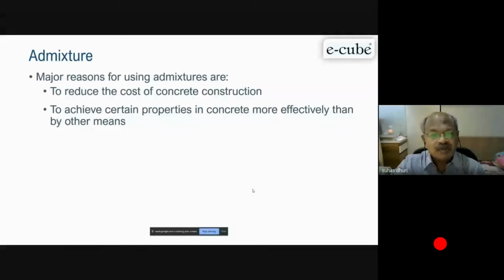Now how do we come out of that? I can use a super plasticizer, reduce the water content, keeping the same water cement ratio, and reduce cement also within the specified limit. Those are the advantages, very broadly I am saying, but it has a lot of other advantages also in concrete.